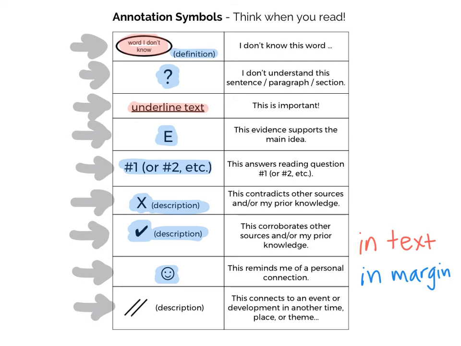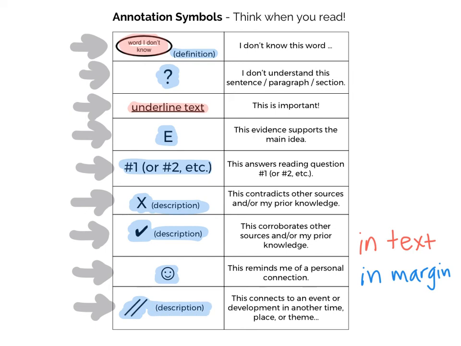If you can think of a connection to another event or development in another time or place or theme, then you would draw parallel lines in the margin to indicate that this is a parallel. It's two events or developments that are very similar, that are happening in different times or different places. And then you would give a description of the connection in the margin.